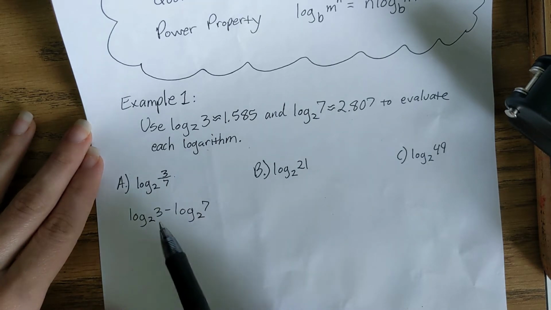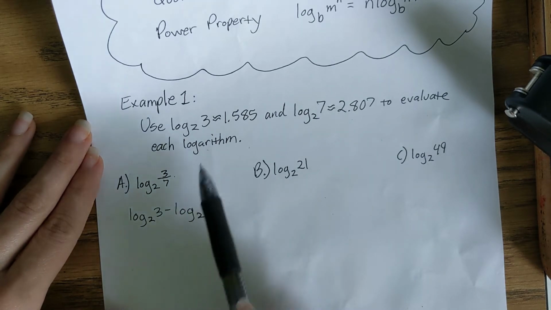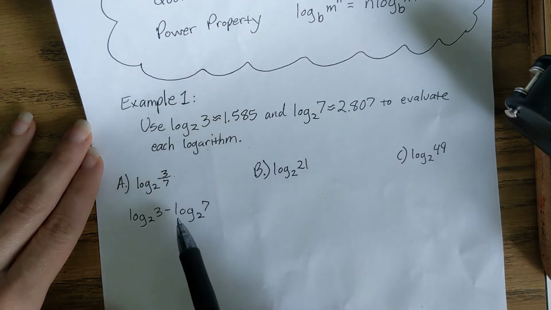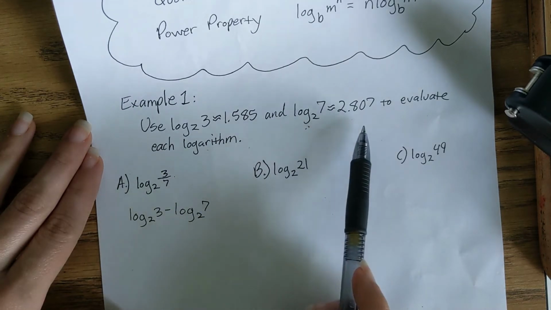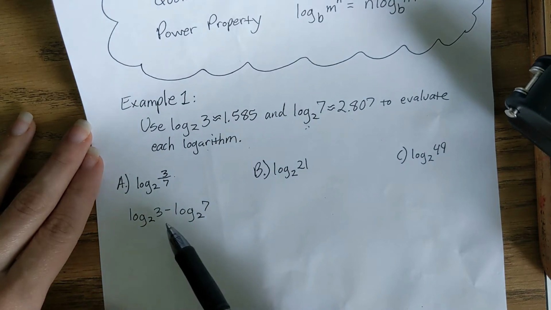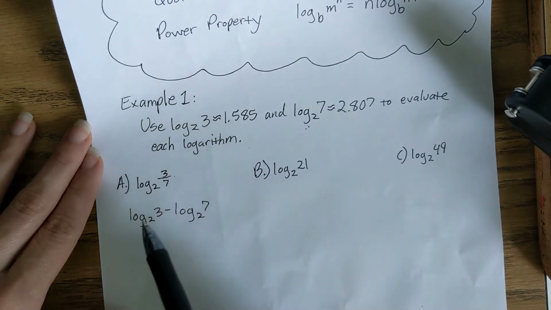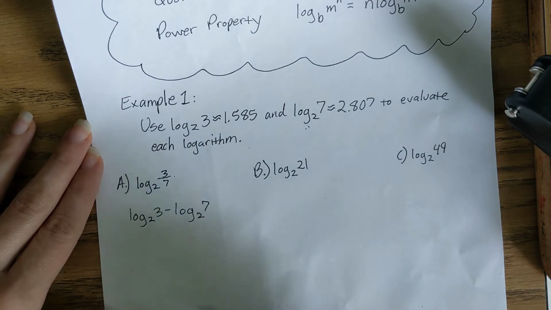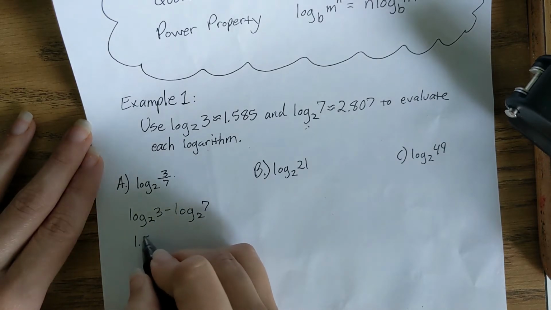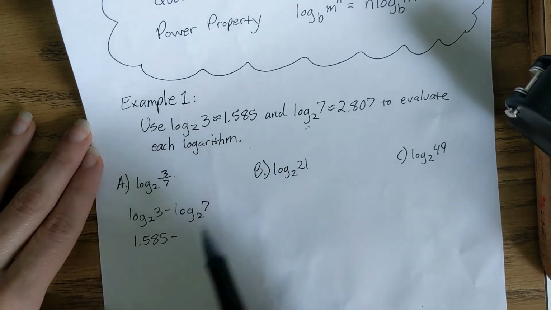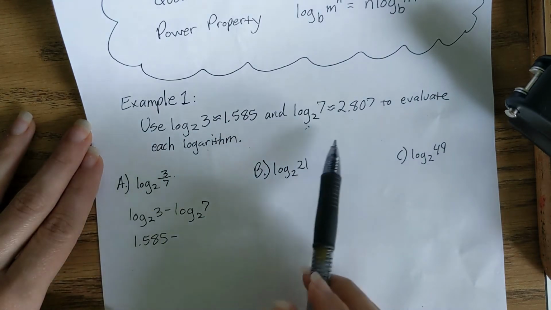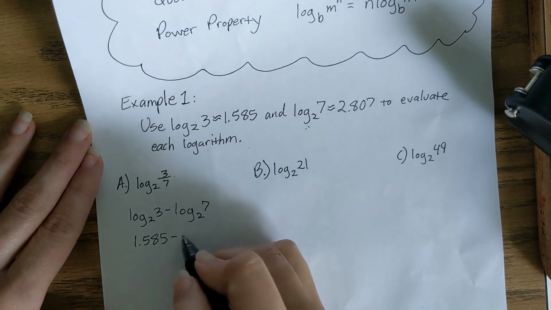Okay, so we know what approximately log_2 3 is. They gave that to us here. And we know what approximately log_2 7 is. They gave that to us here also. So I can just substitute this for the number. So log_2 3 is going to be 1.585, and then we're going to put minus, and then log_2 7 was approximately 2.807.